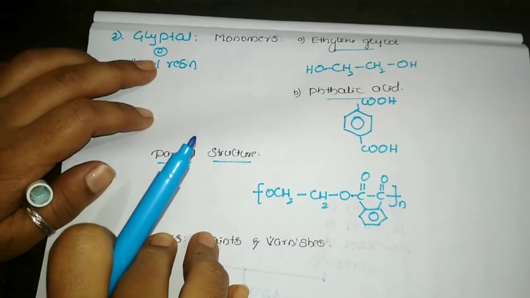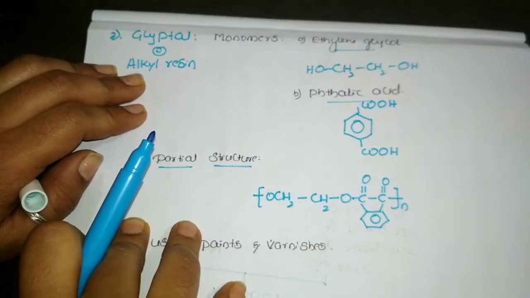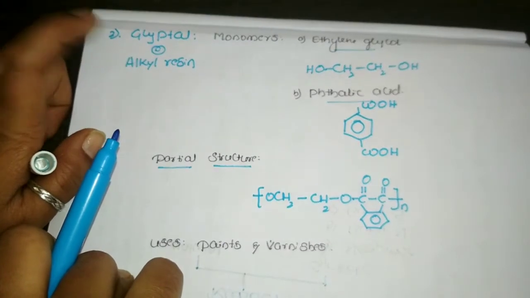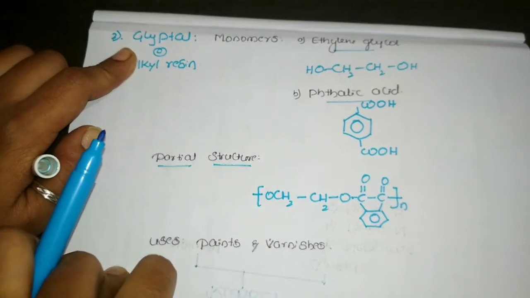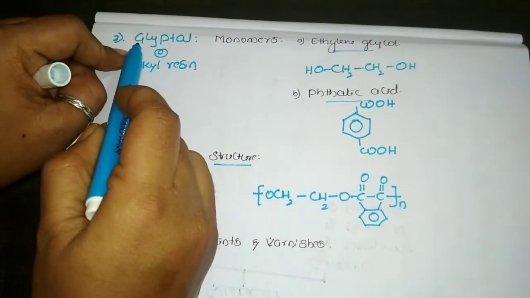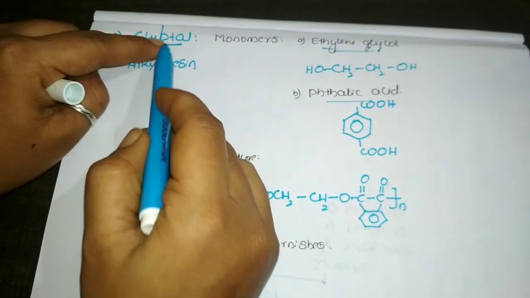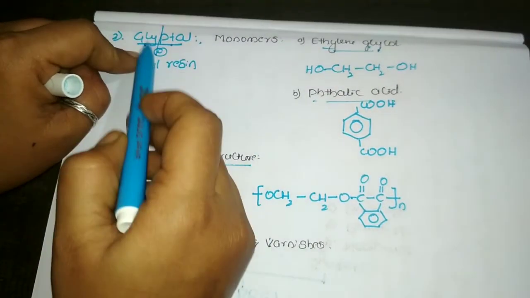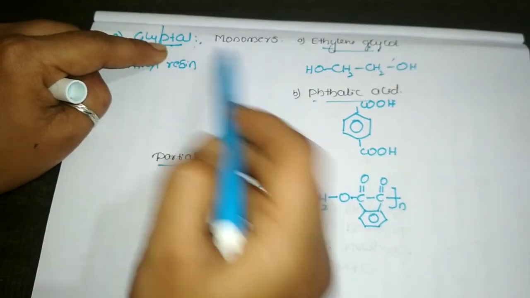Now the next polyester is glyptal, or alkyd resin, as we are going to call it. Dear students, it is not there for your theory, but in competitive exams somewhere one question has appeared based on this. So for glyptal, you can remember the monomers: if I divide the name, gly means ethylene glycol, and ptal means phthalic acid.